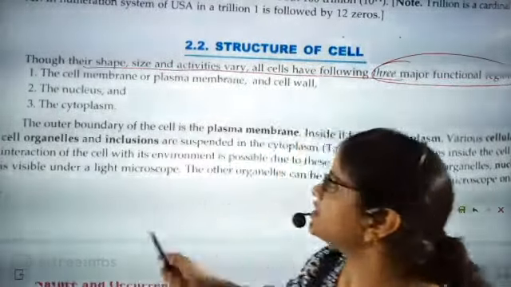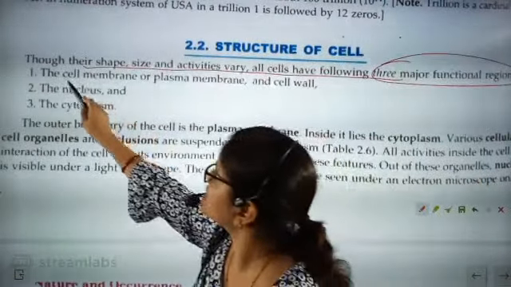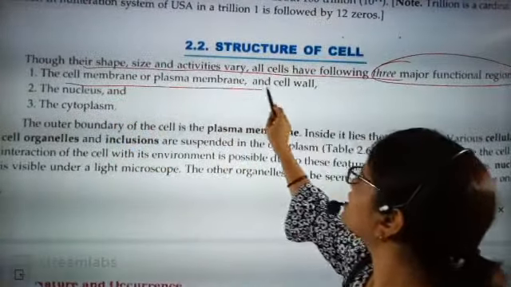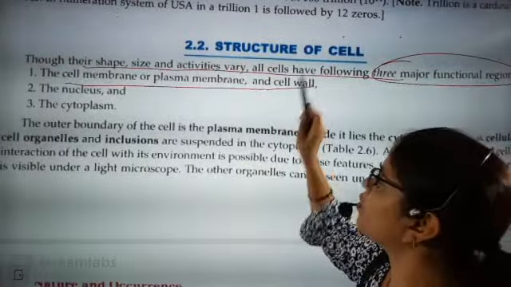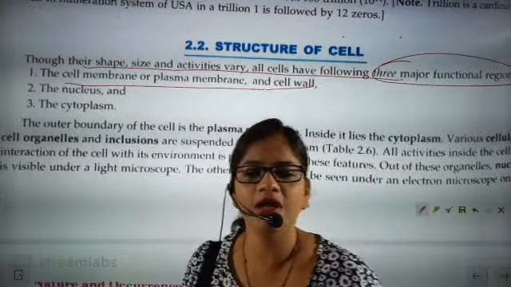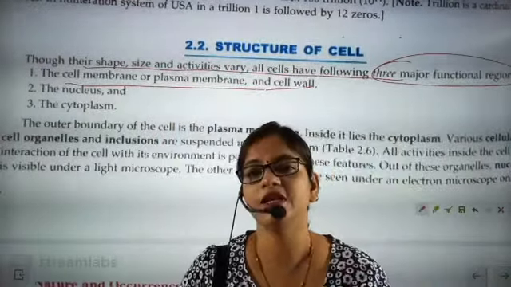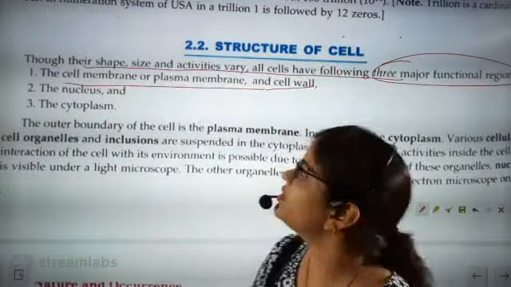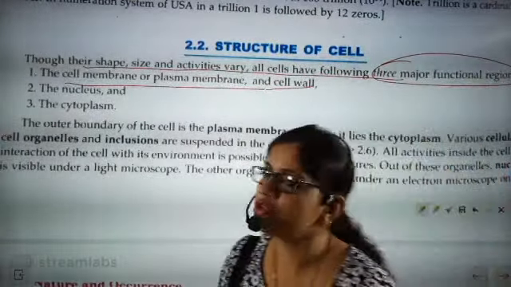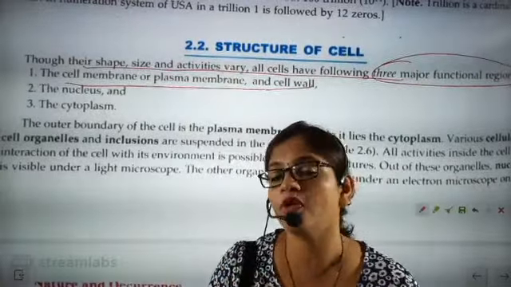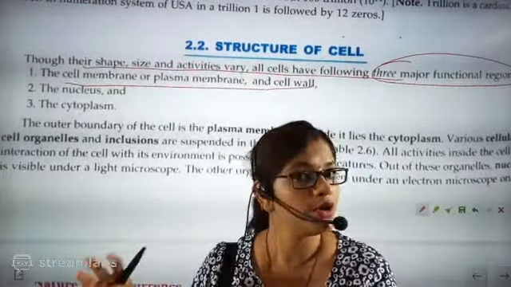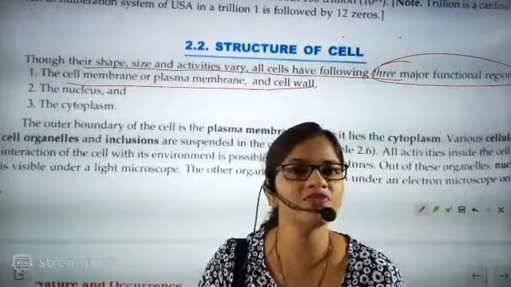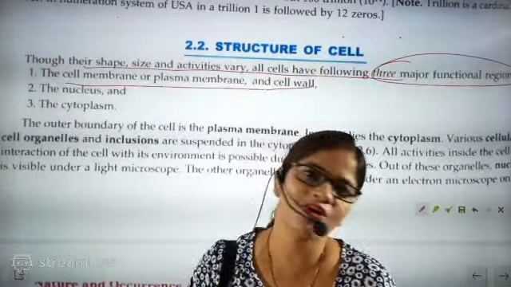So now we have to understand, the first one is the cell membrane or plasma membrane and cell wall. In animals the plasma membrane will be seen, but in plants you will see the cell wall. The outer coating, definitely the cell wall, will be there in plants. Animal cells will not have a cell wall.